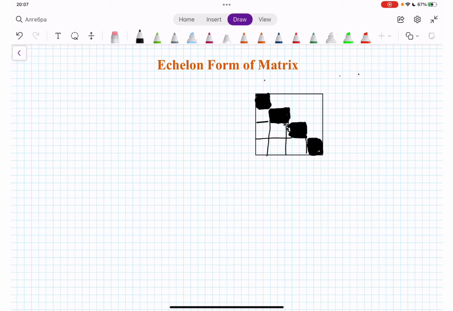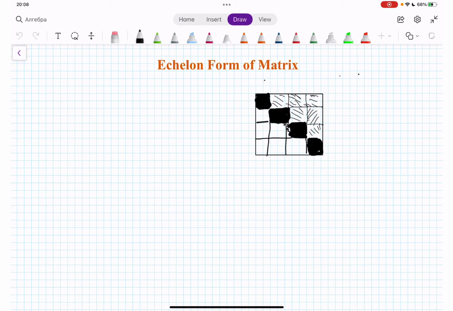So these shaded cells, like I said, are arbitrary numbers that can be either 0 or non-zero. Empty cells are zeros, the 0 elements of the matrix. And the black squares are non-zero elements, which are called corner elements. And this type of matrix we call echelon matrix.